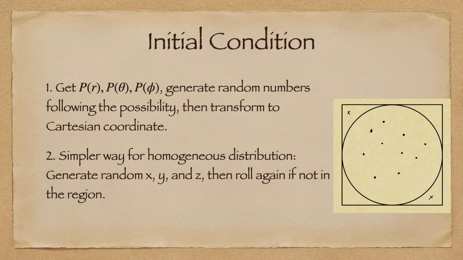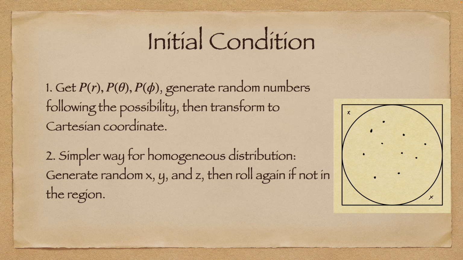Or you can directly use the probability distribution in Cartesian coordinates if you know it. The second way is simpler. If the initial condition is homogeneous for some region and the other region doesn't have any particles, you can generate random x, y, z.